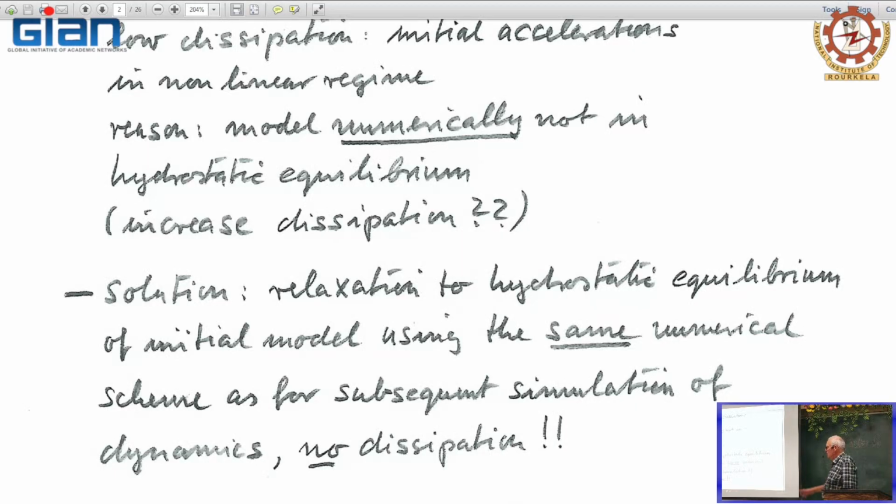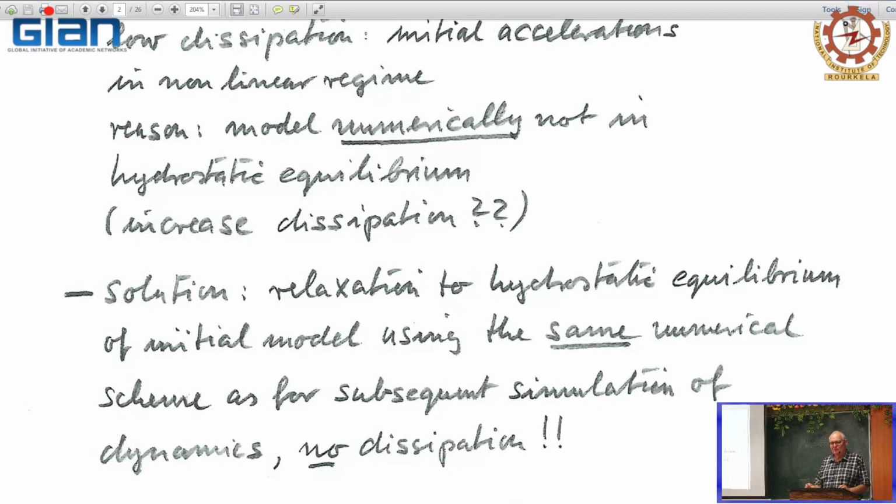So by this procedure we can assure that we have a perfect hydrostatic equilibrium even with respect to the numerical scheme used. Once you compare the original hydrostatic model with the hydrostatic model obtained after relaxation, you will not find any difference.